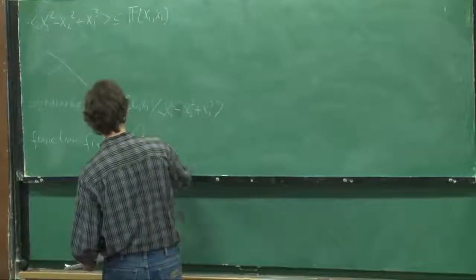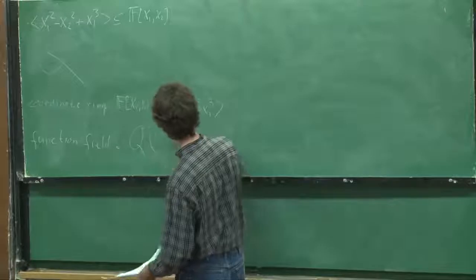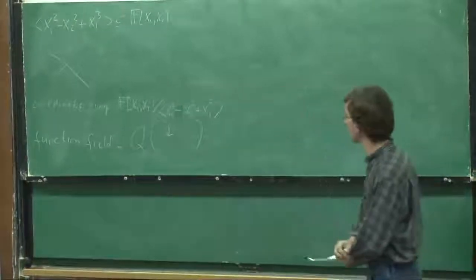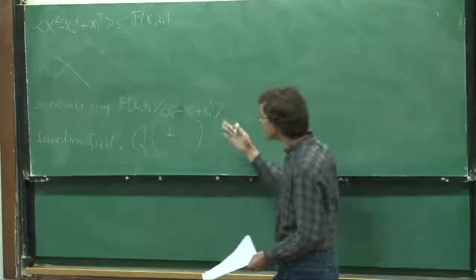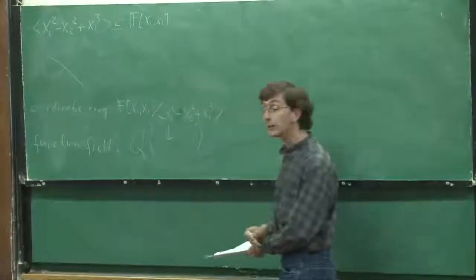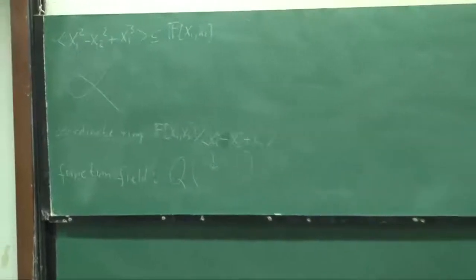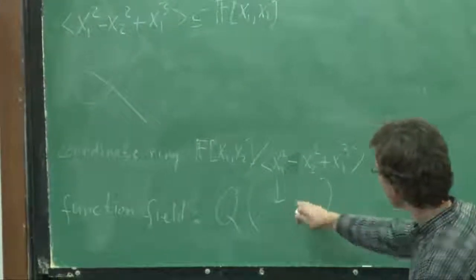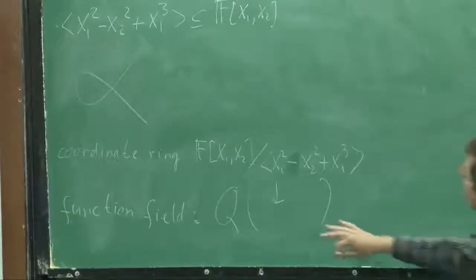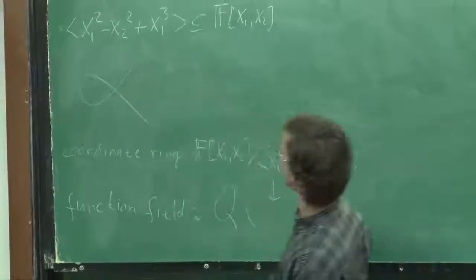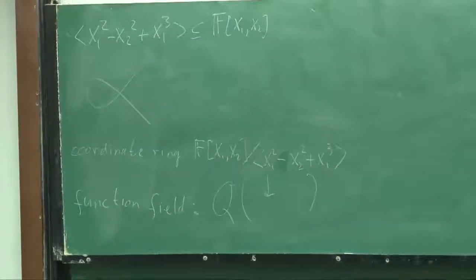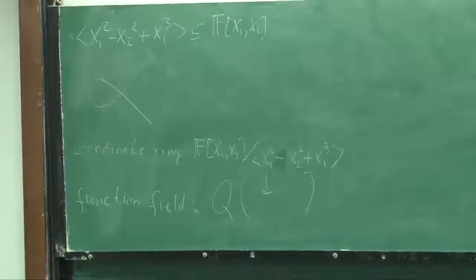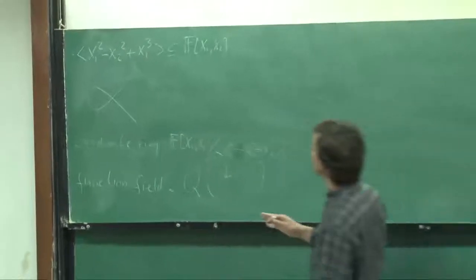Let's say Q for quotient of this coordinate ring. So given a curve, we automatically are led to a function field in this way. And this function field looks like it's only going to be defined if I really talk about affine curves, but you can also do this construction for projective curves.